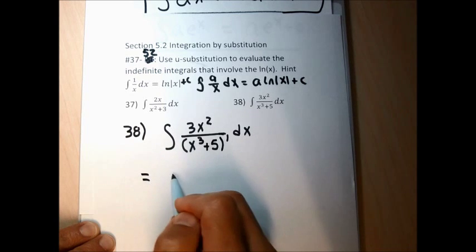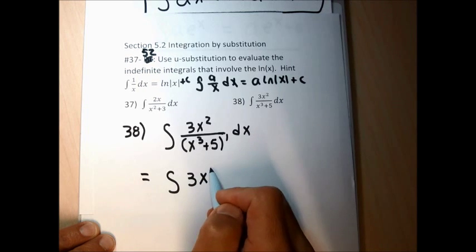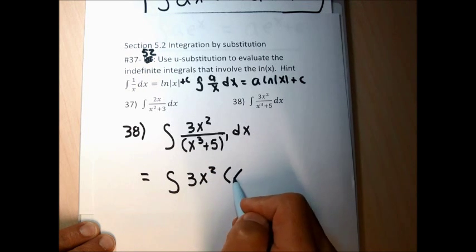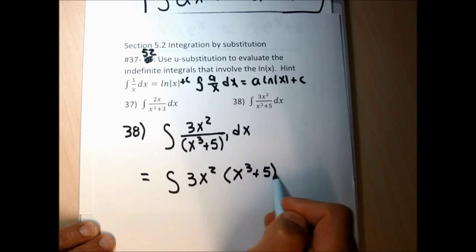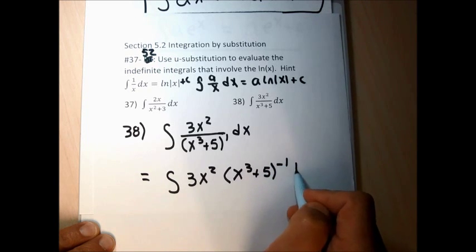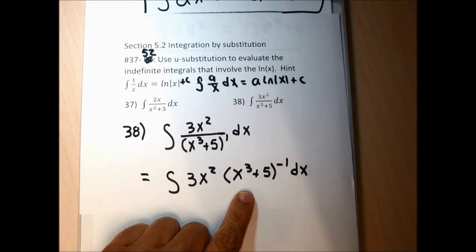But this allows me now to rewrite the problem without the fraction. I'm going to bring the denominator up to the numerator, just like we've been doing a lot in this section, and I changed the sign of the exponent from positive to negative.